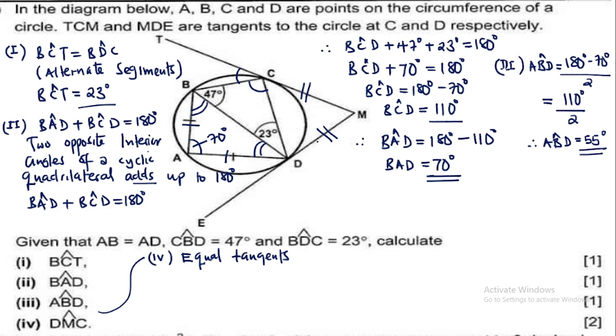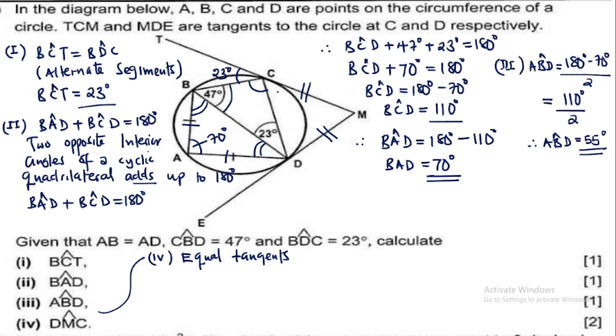Now, if these two are equal, we can also look at the other property that we talked about in Roman numeral 1, which is alternate segment. Remember, we said the angle here is 23 because this angle and the angle at D are in the alternate segment. It's the same with the angle at B, which is 47 here.